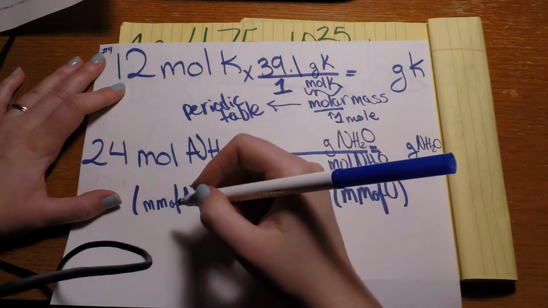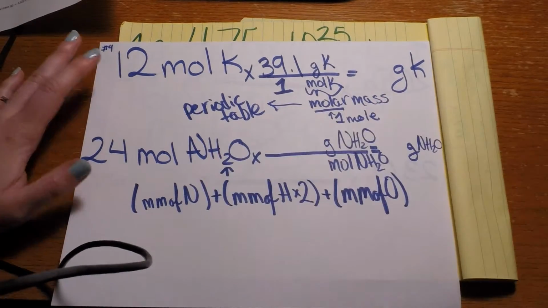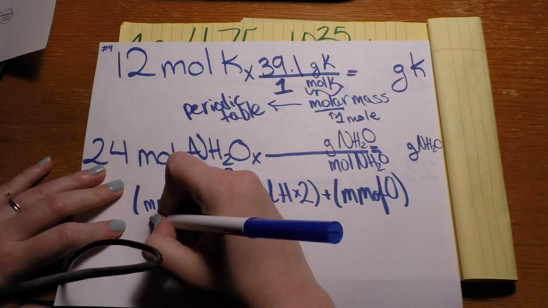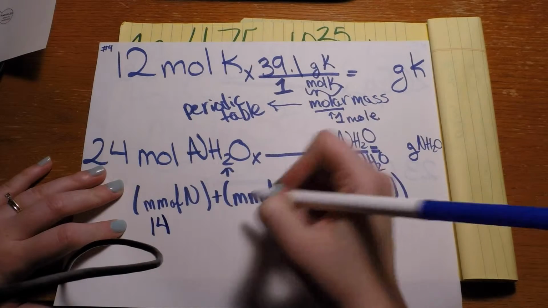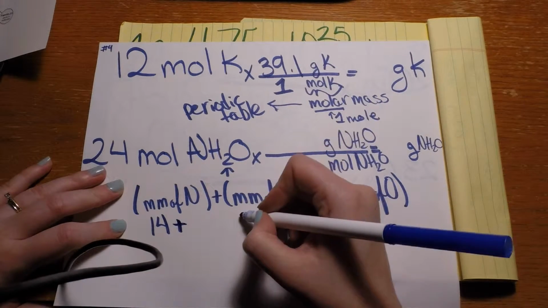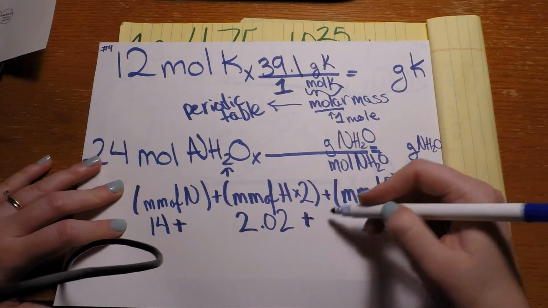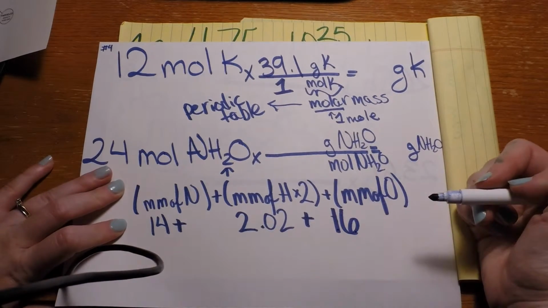Okay, so that is going to be, nitrogen is 14, oxygen is 16, and hydrogen is 1. So we're going to take 14 plus 2.02 plus 16, okay?